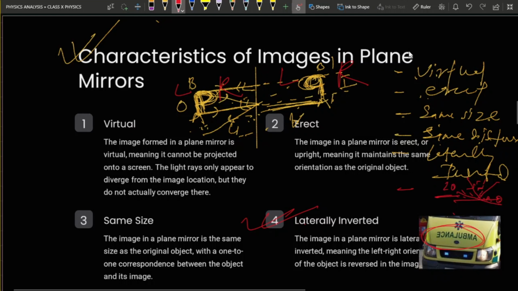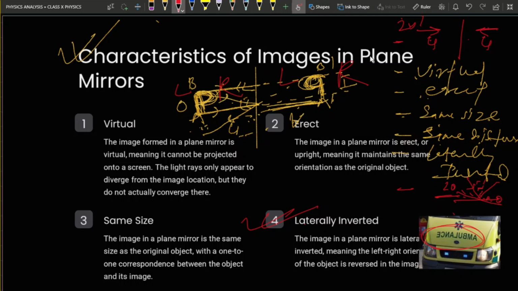2 theta. Next, if I am saying object distance is equal to image distance, this is applicable in case an object is approaching the mirror with speed u, the image will also approach the mirror with this speed only. Relative to this object, this image will appear to be 2u. So if I ask you, what if an object is running toward a mirror at the rate of 20 km per hour, then what is the speed of the image relative to the boy?